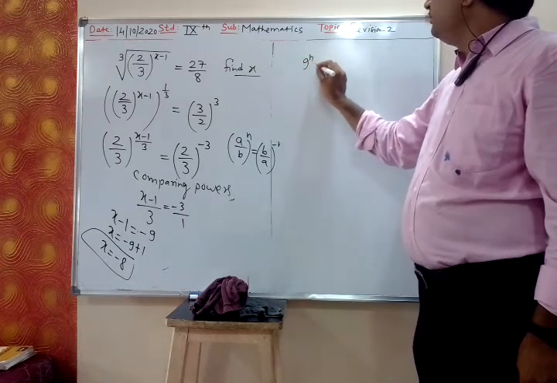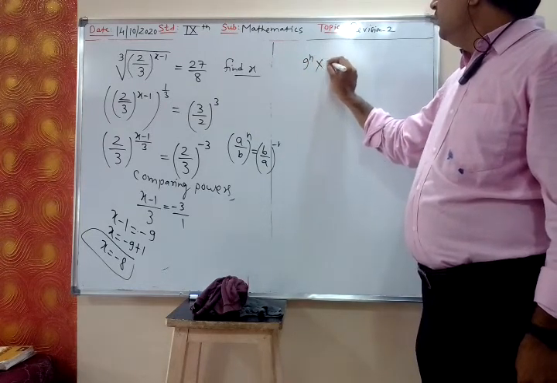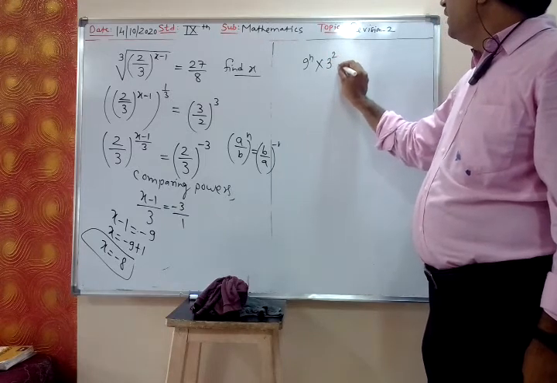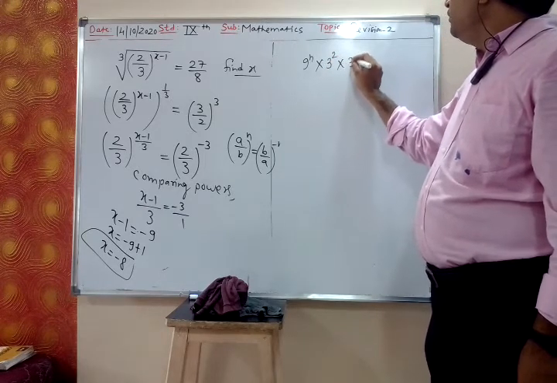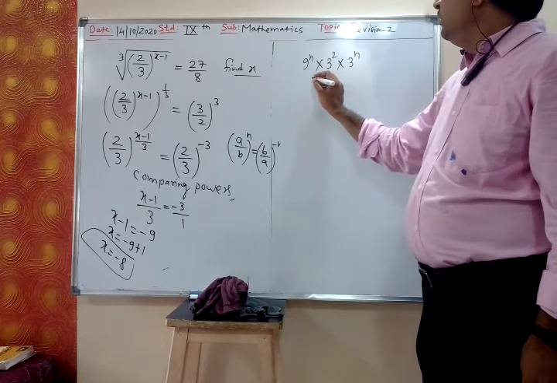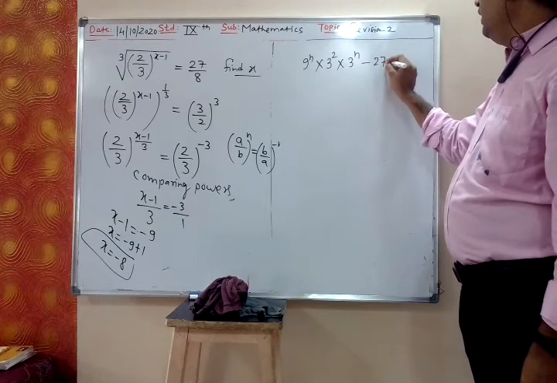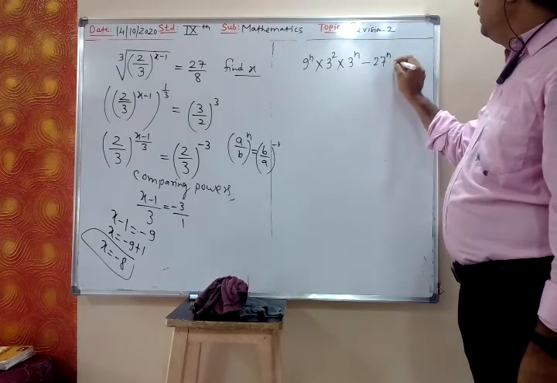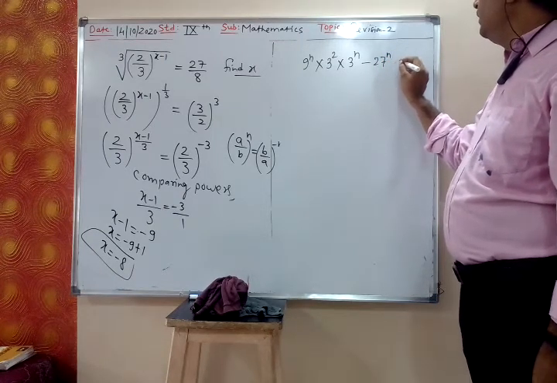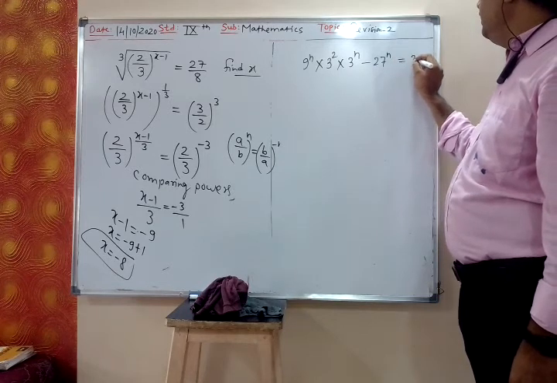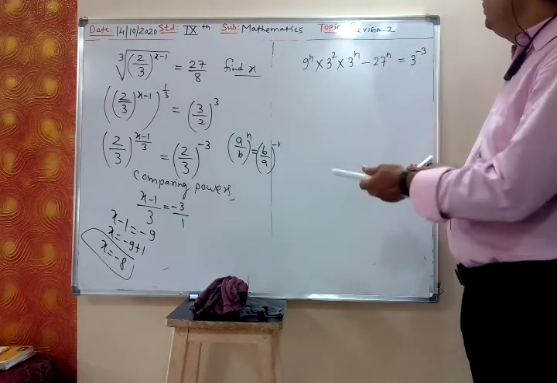9 raised to n into 3 square, 3 raised to n, is equal to 3 raised to -3. This is the problem.